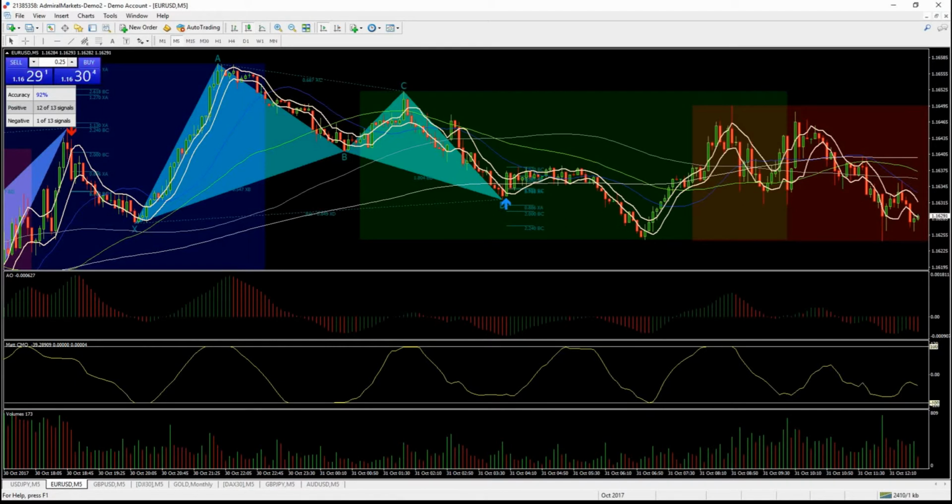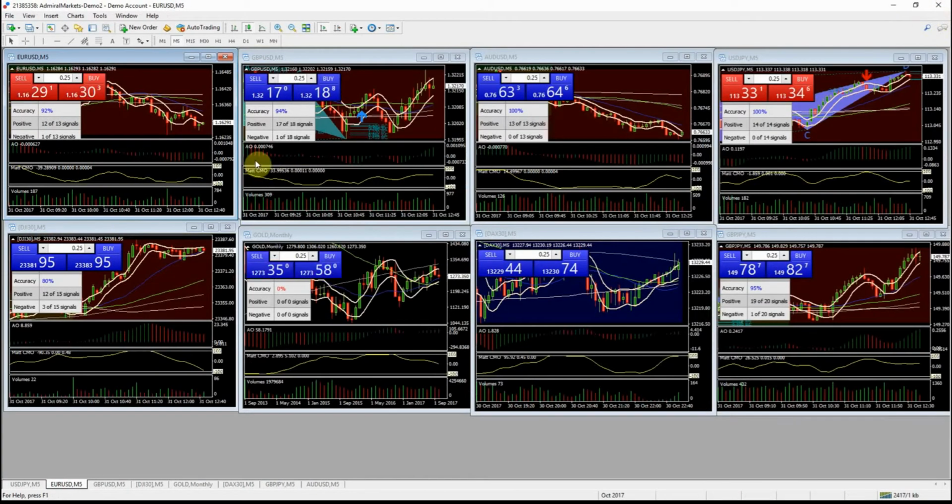On Thursday we've got some fairly big news with regards to the Bank of England, so that's going to affect the pound. We've got the BOE rate decision, and on Friday we've got NFP, so it's going to definitely get a bit more volatile. Some more volume's going to come through as the week progresses. So that's just a bit of analysis with regards to euro dollar. We'll have a quick look at dollar yen as well.